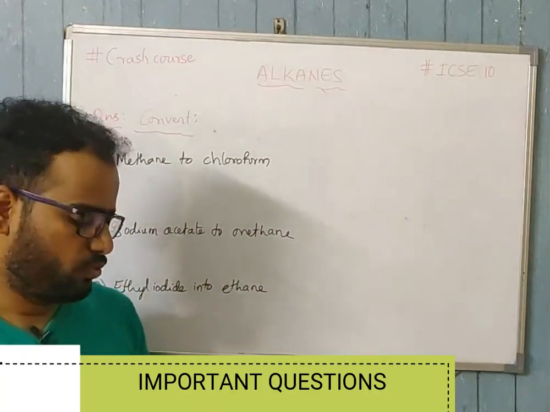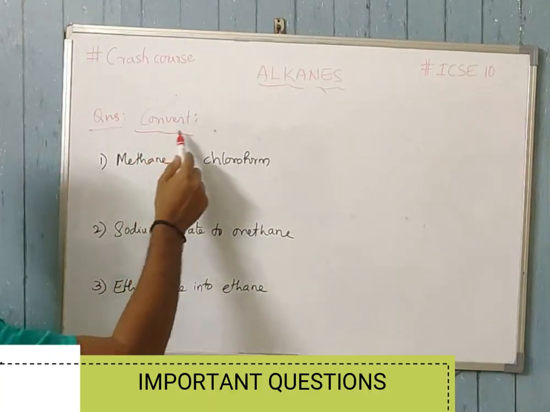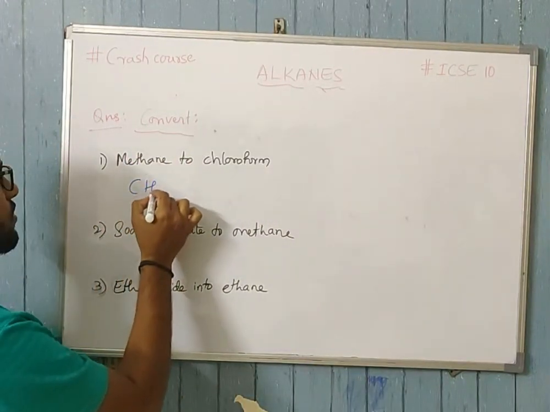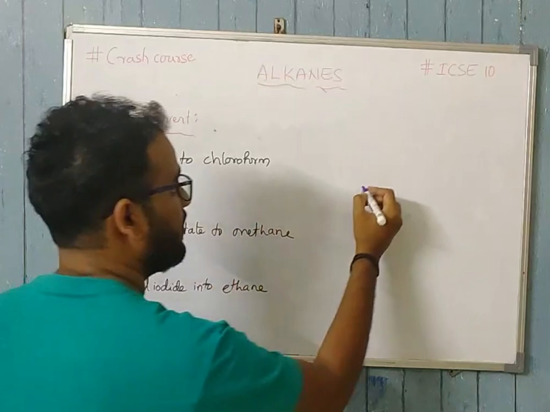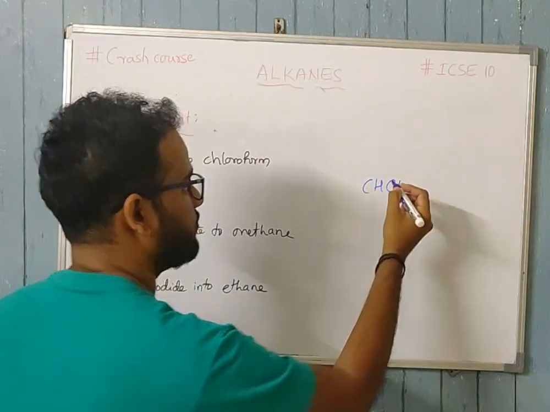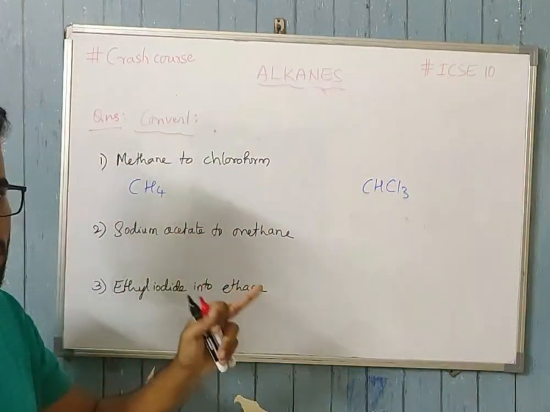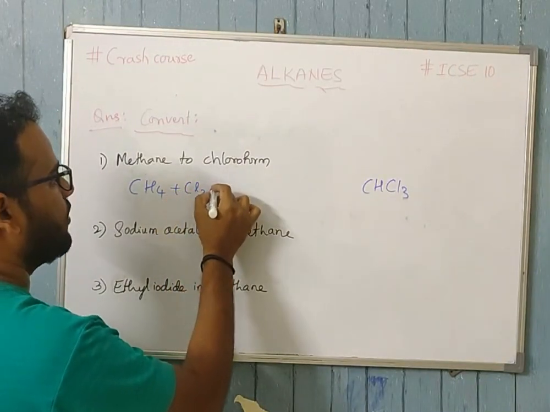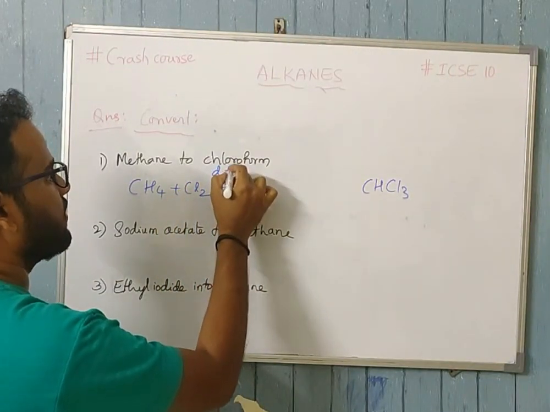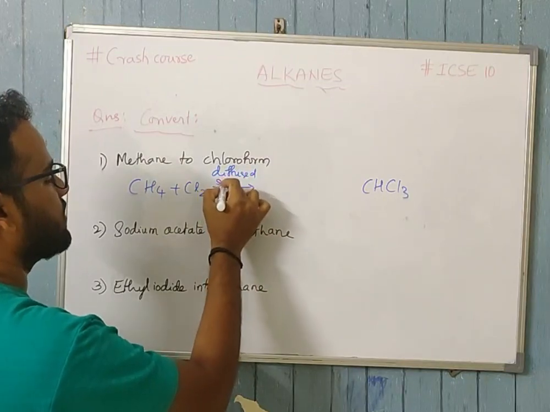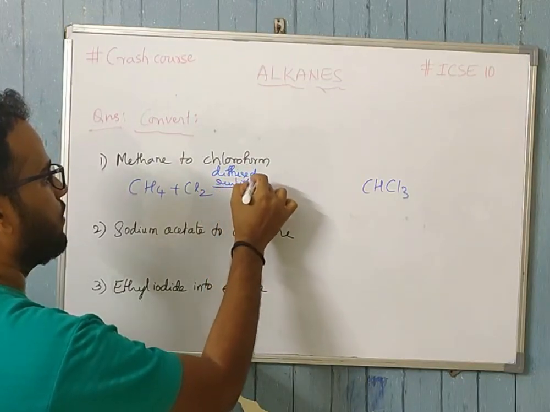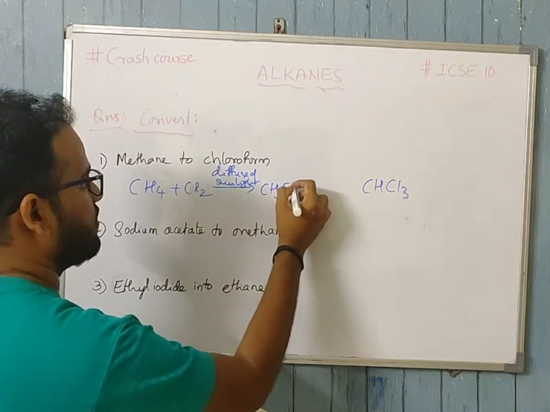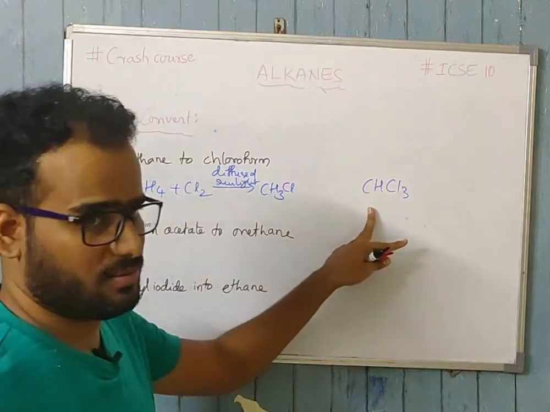Okay, let's see some questions here. Convert methane to chloroform. If you see, methane is CH4, chloroform is CHCl3. Therefore, you should also know the common name. So what is the condition here? You will add chlorine in presence of diffused sunlight. So first you will get CH3Cl, not directly this.